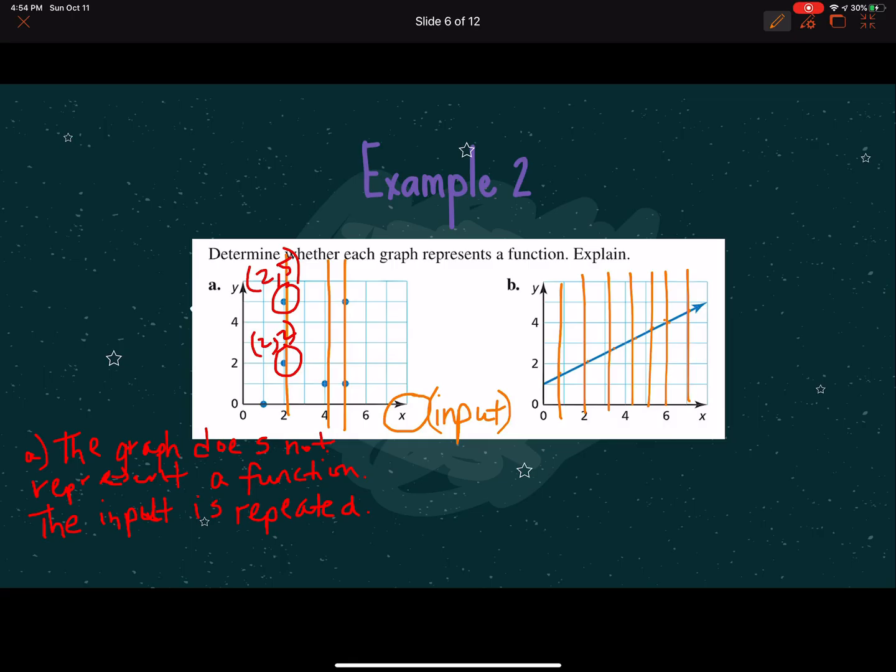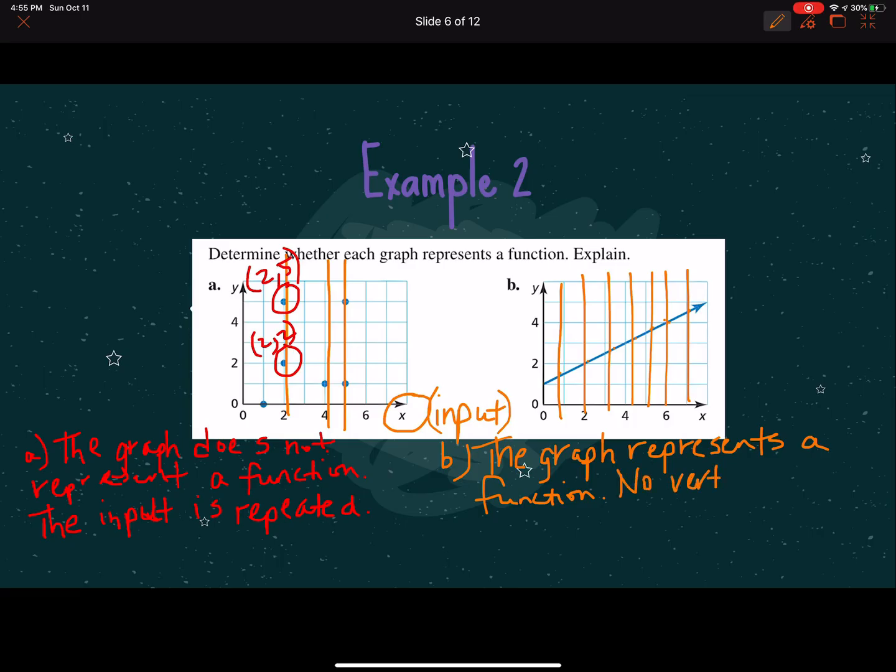So for my explanation on B, I can simply say the graph represents a function, and if we want to explain that, no vertical line can be drawn through more than one point on the graph.